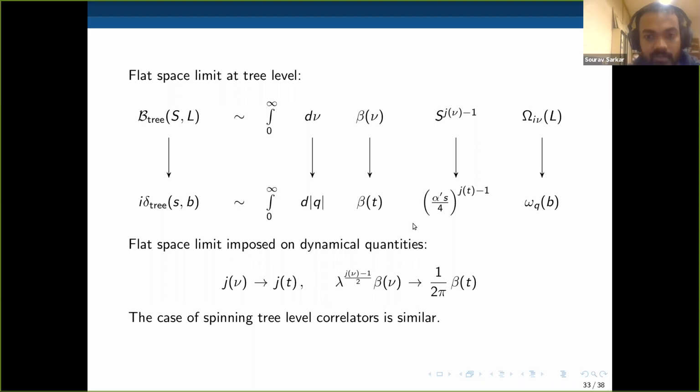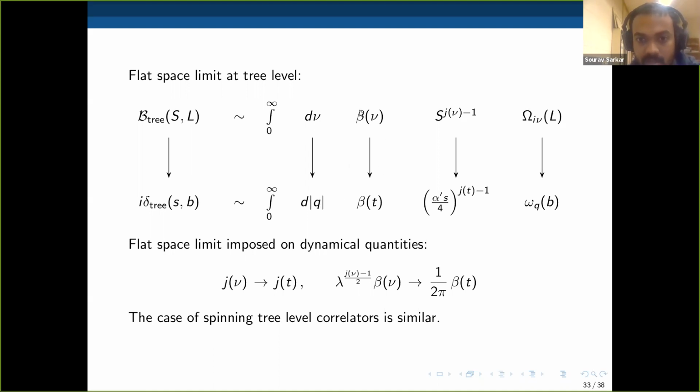So at tree level, if we apply the prescription and the results for the kinematical quantities, then we propose that B goes to i times the flat space delta, and the d nu integral goes to the integral over mod q.